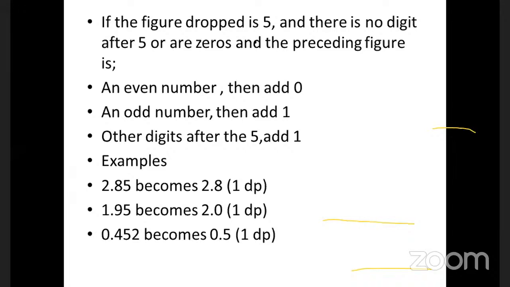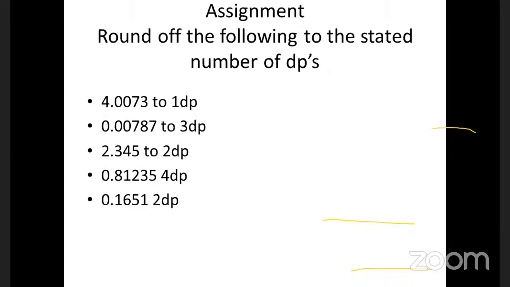The fourth one is if the figure which is to be dropped is 5 and there's no digit after the 5, and the preceding digit is an odd number, you then add 1. The last one is if the figure to be dropped is 5 and there are other digits after the 5, you add 1. So these are the rules that you're going to consider in rounding off.